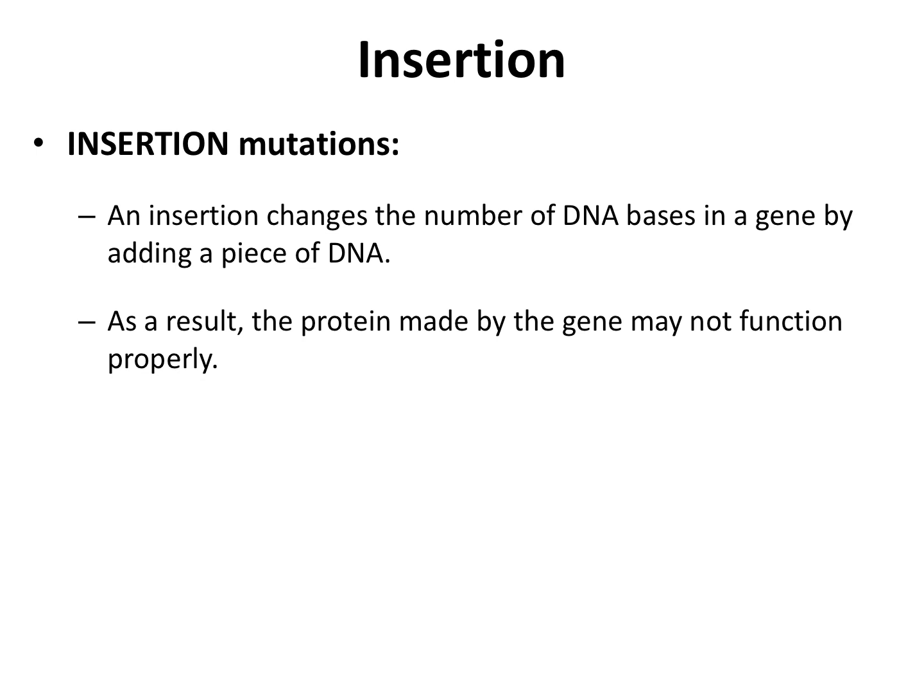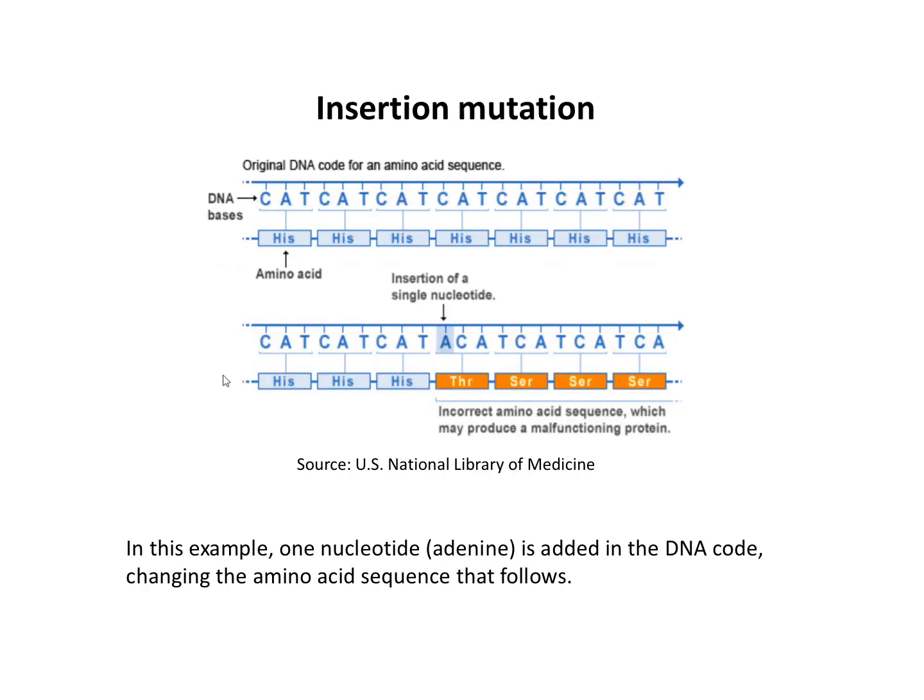Then next is insertion. An insertion changes the number of DNA bases in a gene by adding a piece of DNA. As a result, the protein made by the gene may not function properly. Let us see by an example. In case of insertion, one nucleotide, that is adenine.